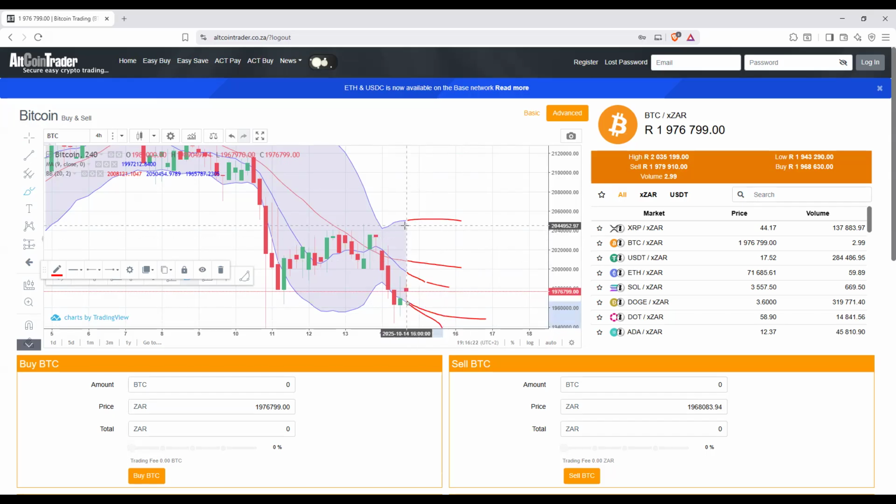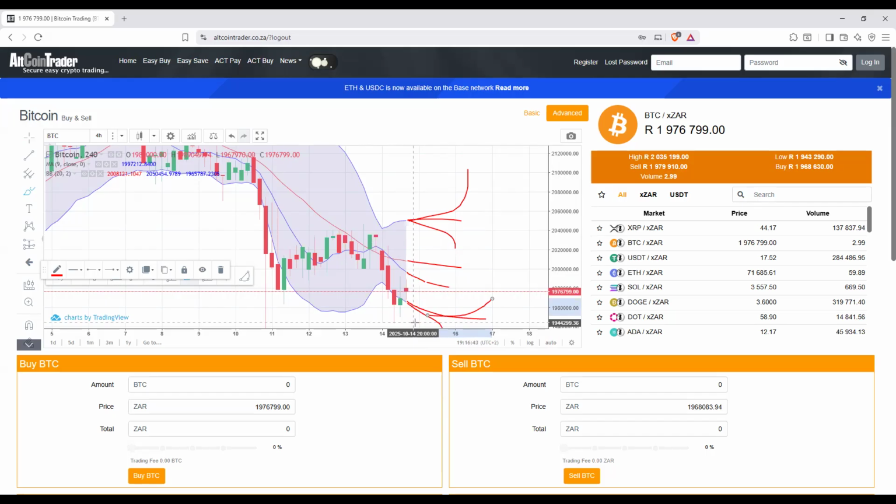They could go down steeply, or back up steeply. But I'm on a 4-hour graph now, and I can project fairly accurately what my trading range is going to be.